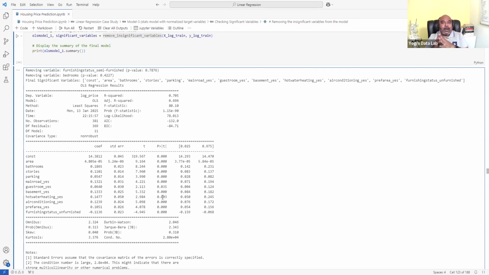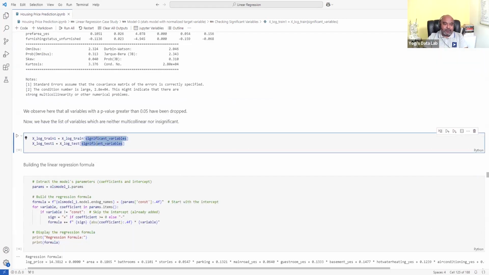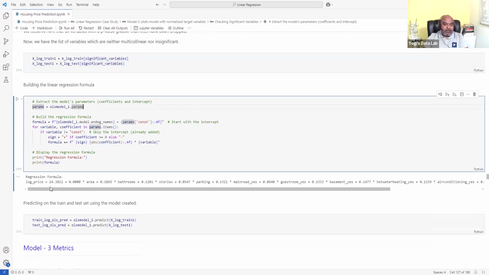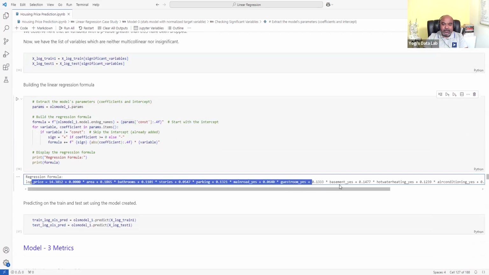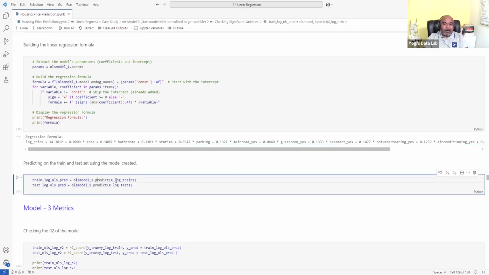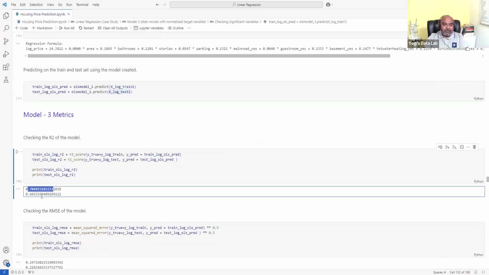I can go ahead and look at the R square and the RMSE for this model now. So I'm filtering the data for significant variables and building my model. This is the final regression model, or the formula. Let's check the results. I predicted on my train set and my test set, and I see that my R square is 70% on the train and 67% on the test.